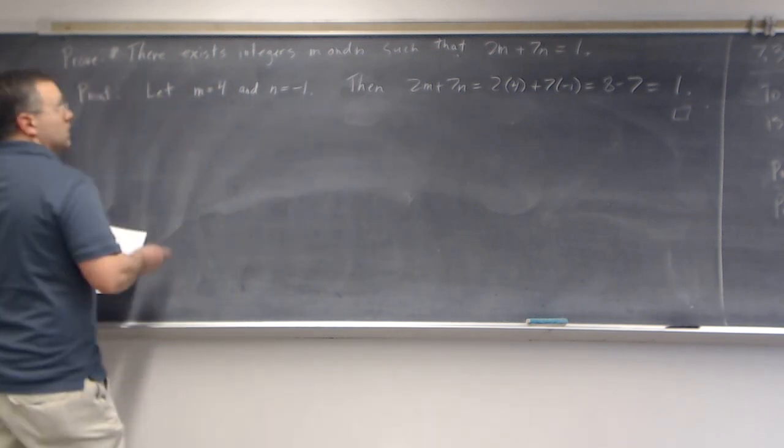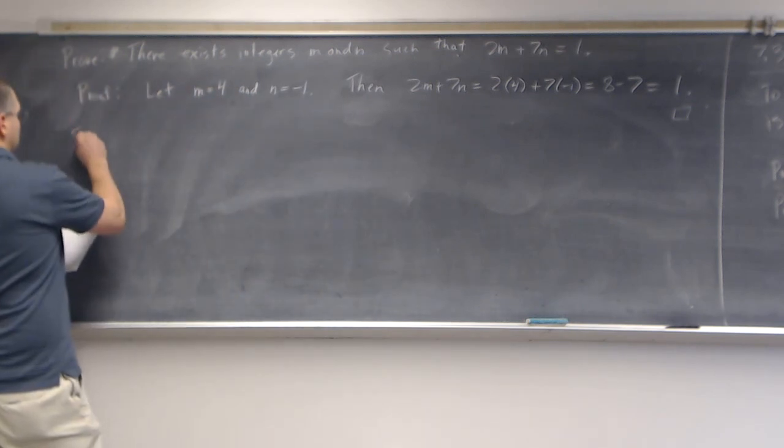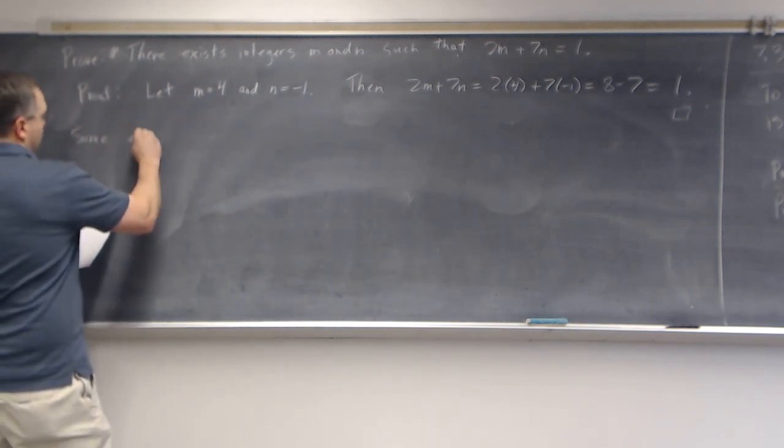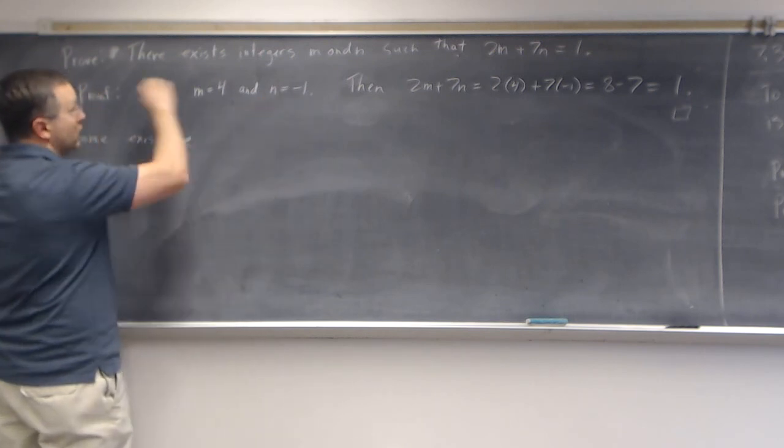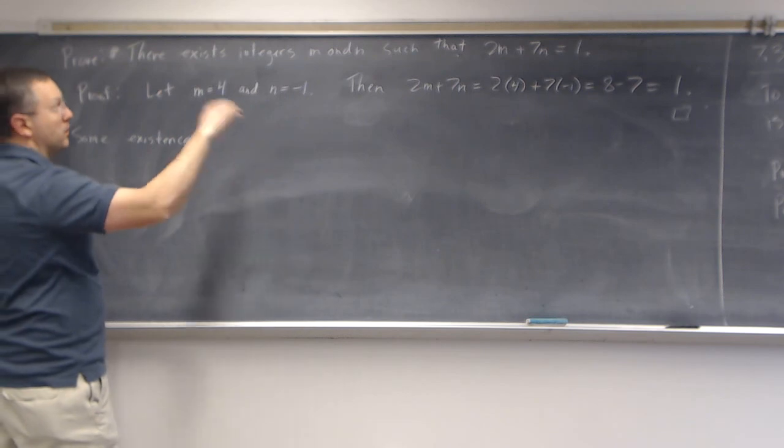Okay. So these are called existence proofs, right? There exists something. There exist integers. There exists a prime number or whatever.